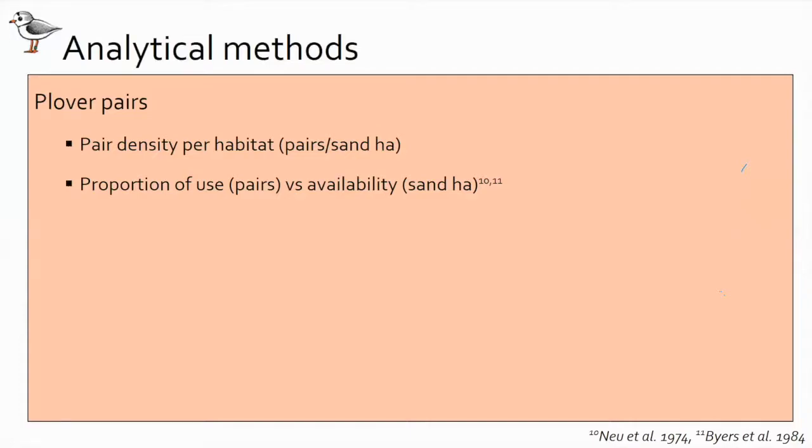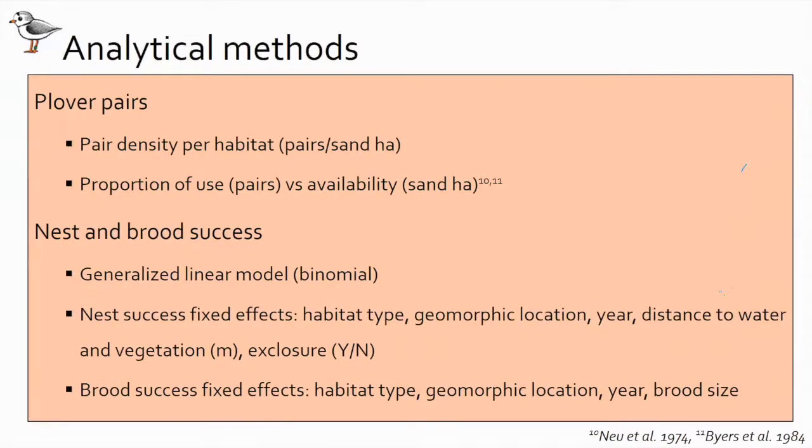Okay, so for this chapter, we calculated pair density, which was based on the number of pairs in each habitat type divided by the amount of sand hectares. And we also looked at the proportion of use versus availability.